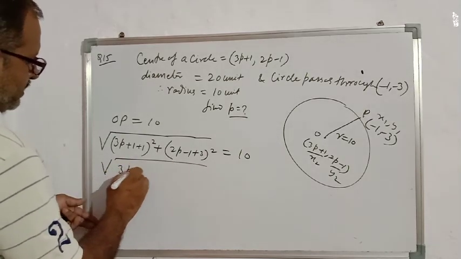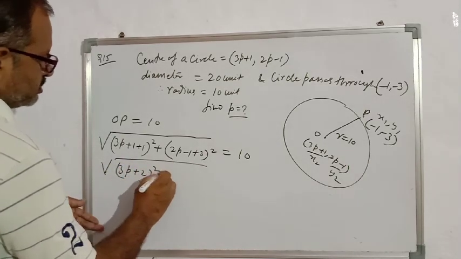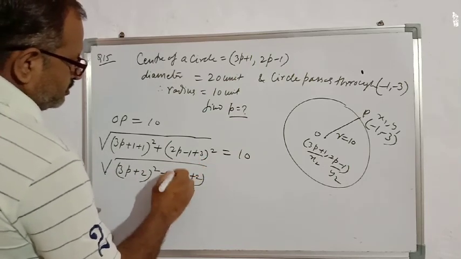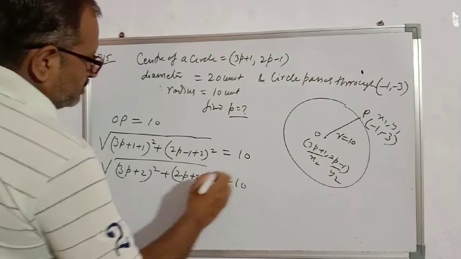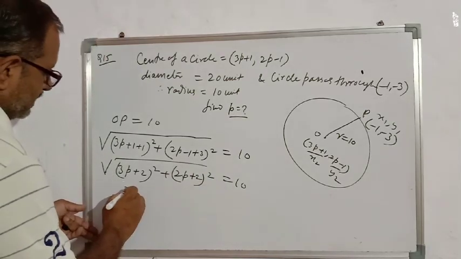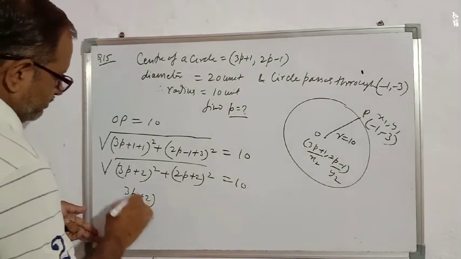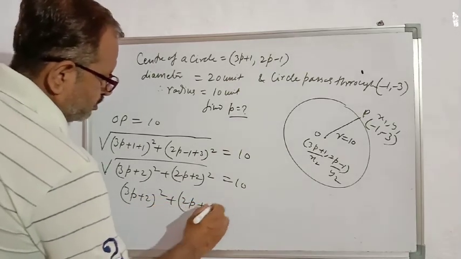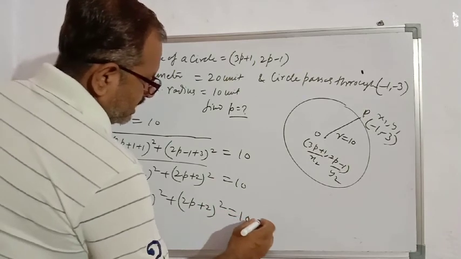It will be 3p plus 2 whole square plus 2p plus 2 whole square is equal to 10. Squaring on both sides, 3p plus 2 whole square plus 2p plus 2 whole square is equal to 100.